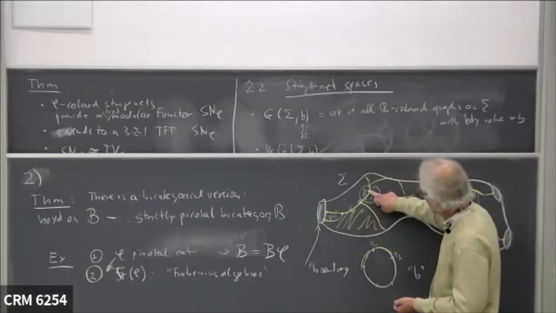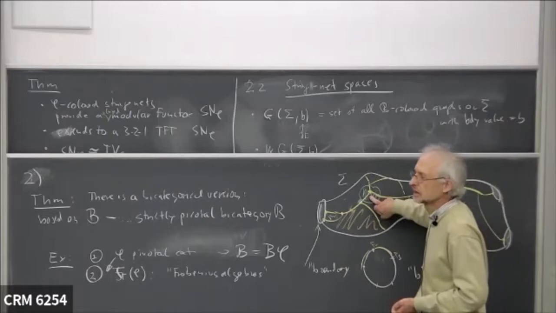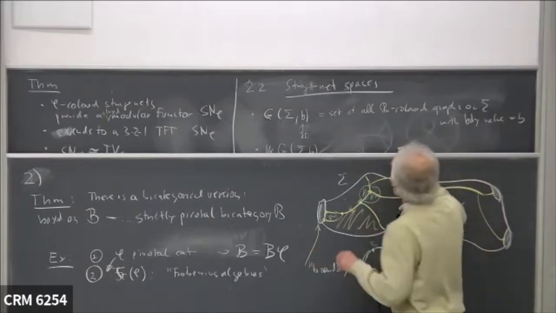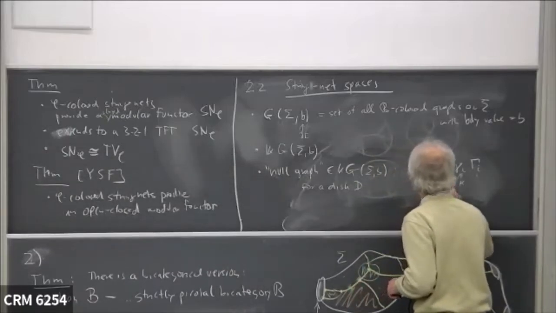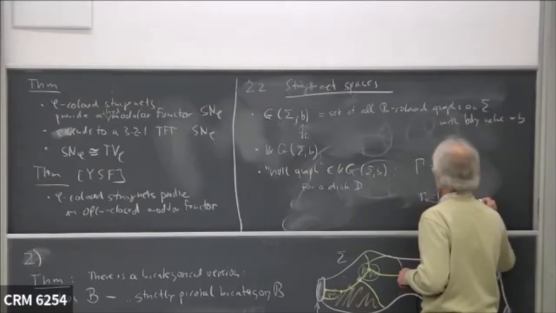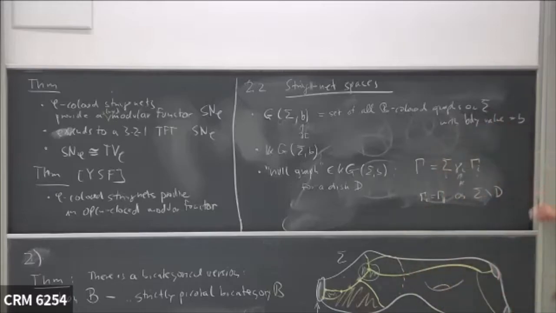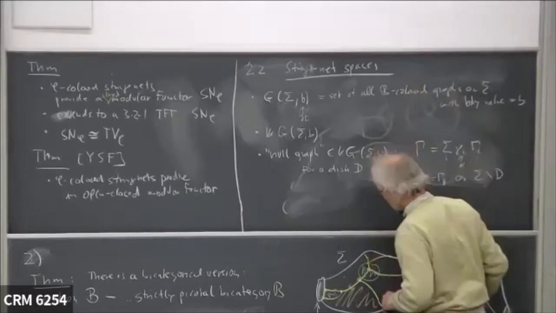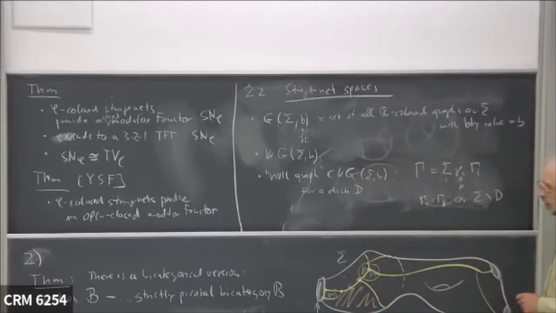Then I have parts of my gamma i which are contained inside this disk, and outside the graphs should be identical. So gamma i equals gamma j for all i, j on sigma minus the image of the disk, and then there is a notion of evaluating such a graph in a disk.